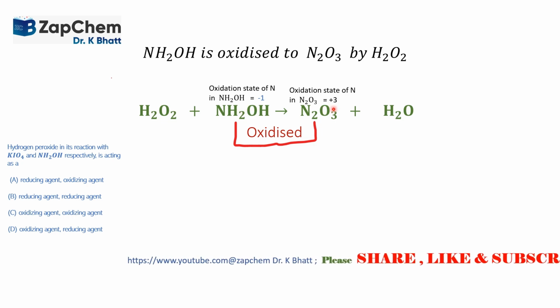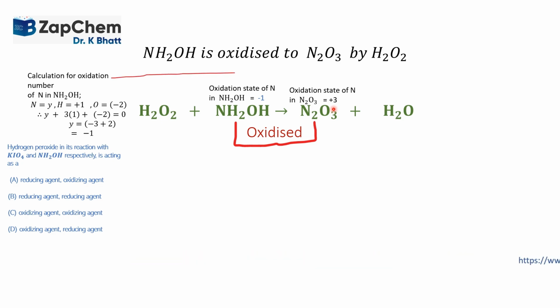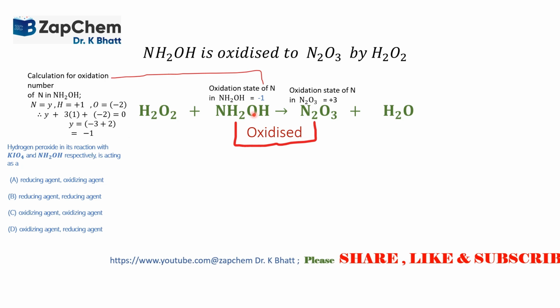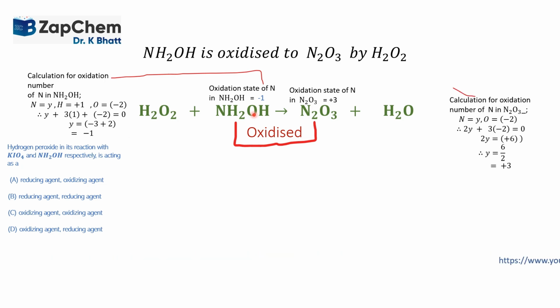Now, how to calculate oxidation state is provided here, and it's very easy to learn how to find the oxidation state of nitrogen as -1 here. Similarly, the oxidation state of nitrogen in N2O3 is calculated this way.